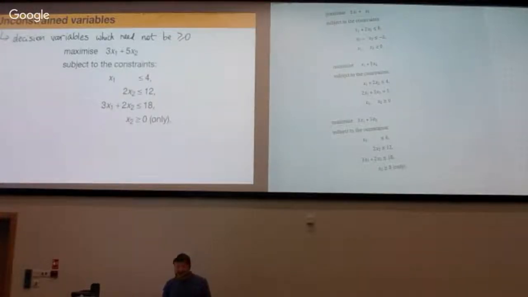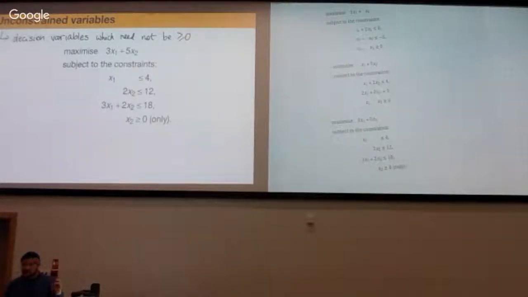What does one do? How do you solve it? The essential condition for the simplex method to work is that it wants all the variables in the tableau to be constrained to be non-negative. Because if they're not, then everything breaks down.